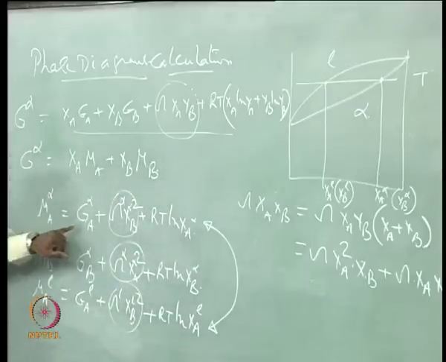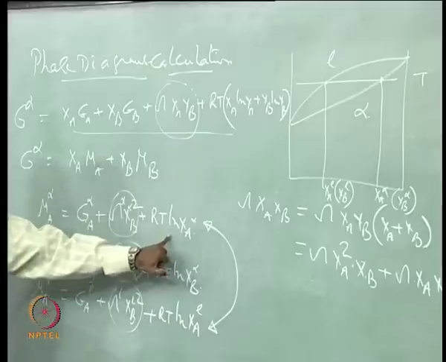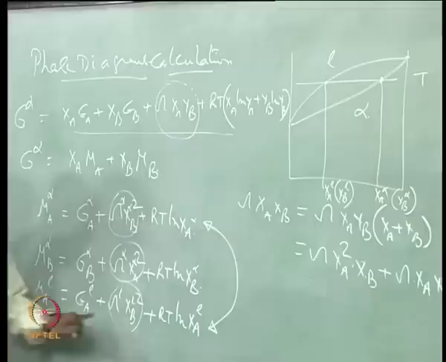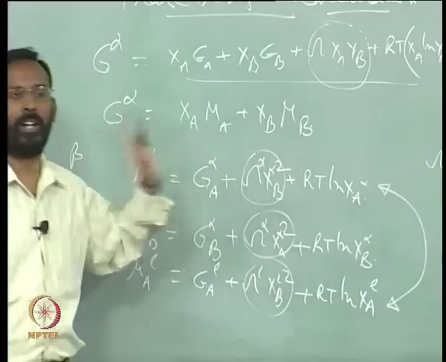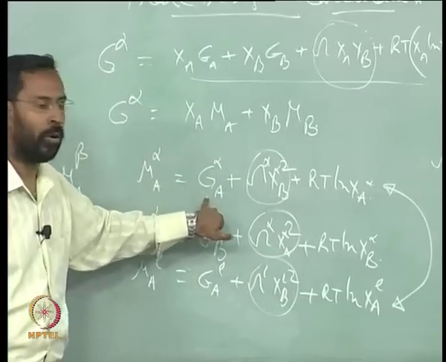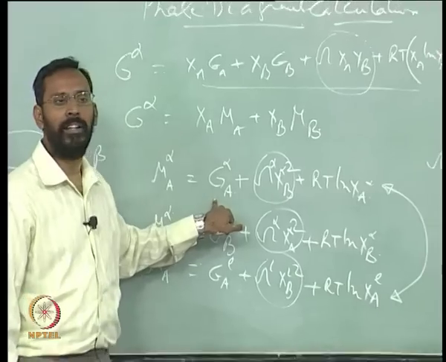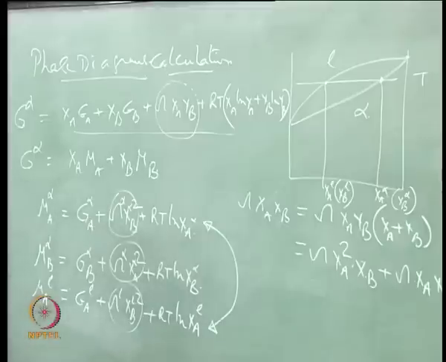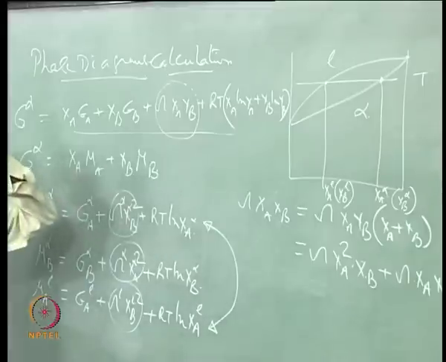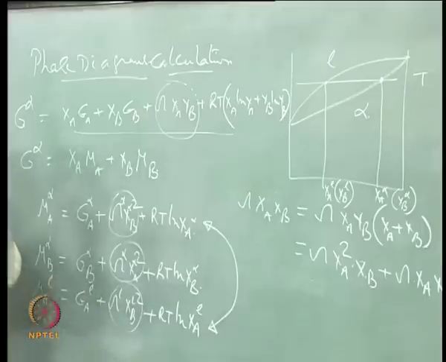Then simply it will be Ga alpha plus RT ln Xa, Gb alpha, Ga liquid plus RT ln Xa liquid, that is it. So this whole term will not be there, and what I need to know is only the temperature and the pure metal free energies at that temperature.